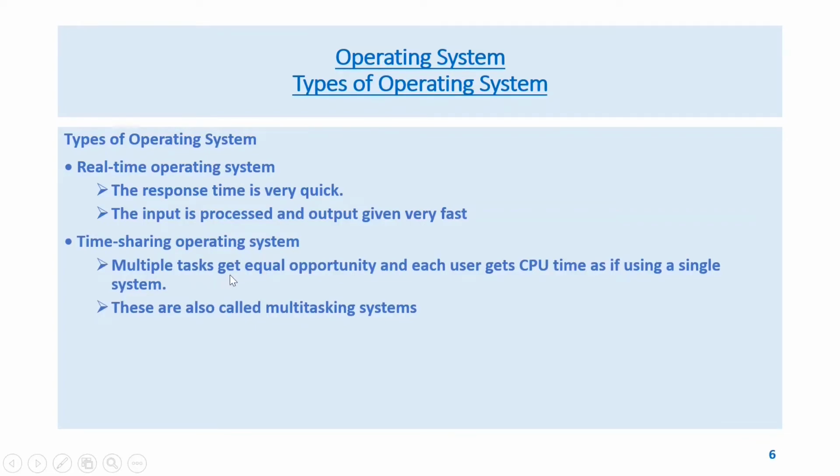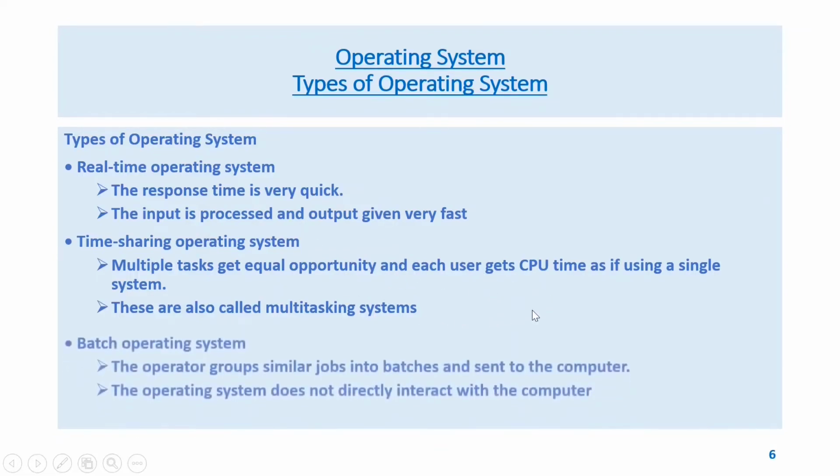Multiple tasks get equal opportunity and each user gets CPU time as if using a single system. These are also called multitasking systems. So they share the time of the CPU between multiple processes and manage that CPU time. So this is the time sharing operating system.